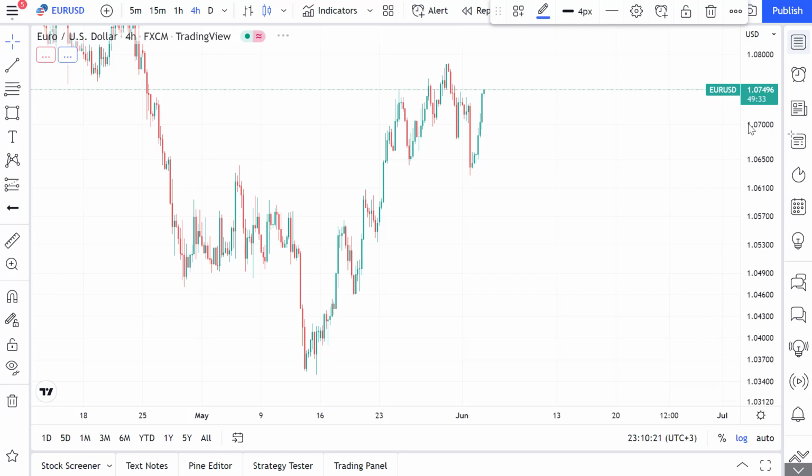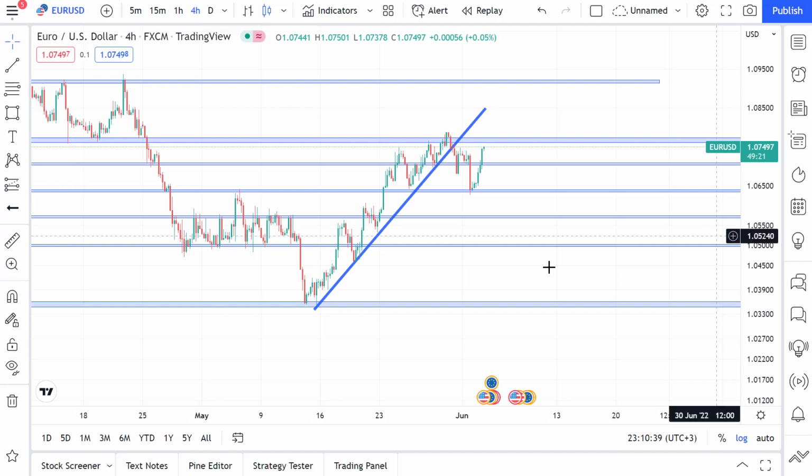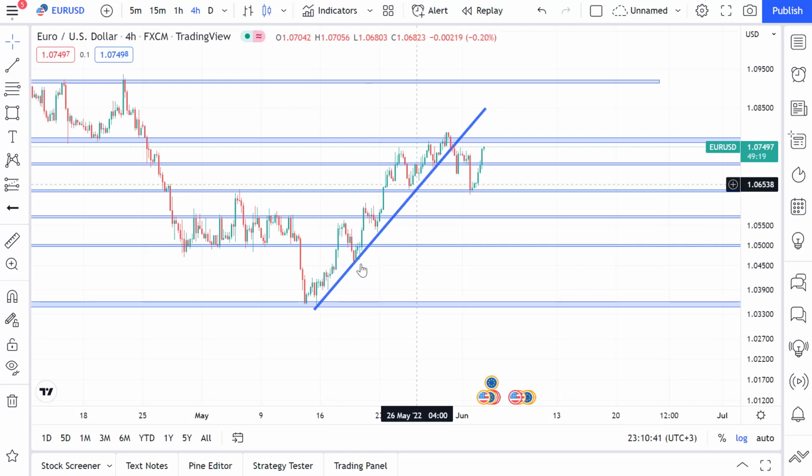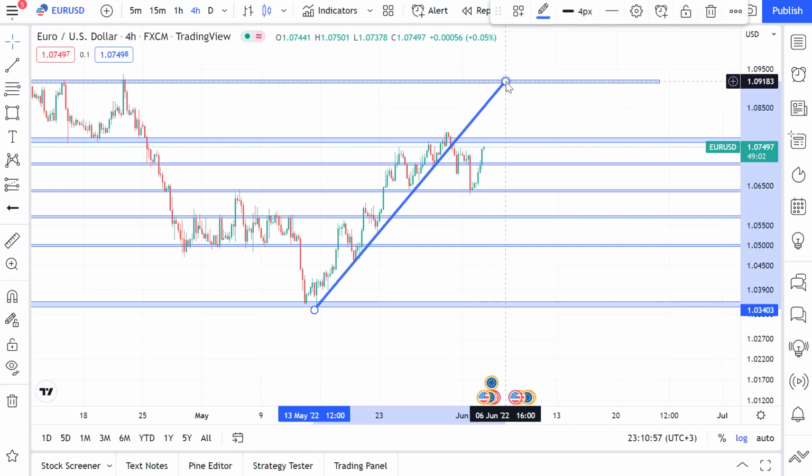What you see for euro is something like this, and at the moment of speaking, we have something like I told you that we had a kind of uptrend. If it wanted to be something like this uptrend, we wouldn't have a breakout. But the breakout happened. Now this line can act as a resistance.